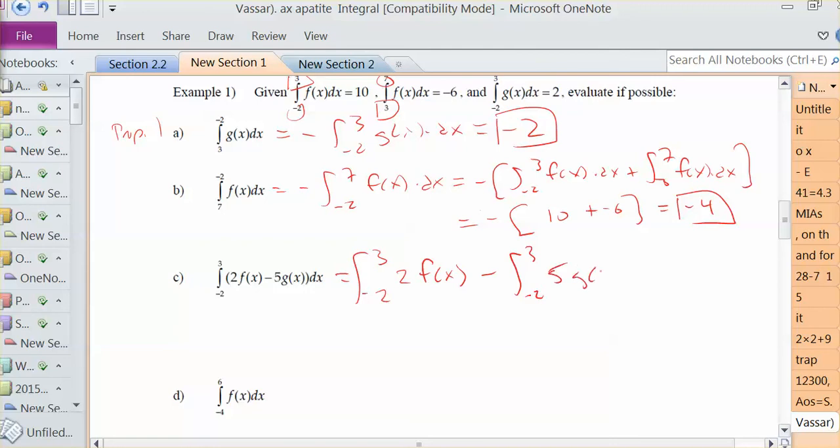So not a problem. Oops, forgot the dx. Don't forget to write the dx. That's your differential. And I could put the 2 to the left, and the 5 to the left of this as well.